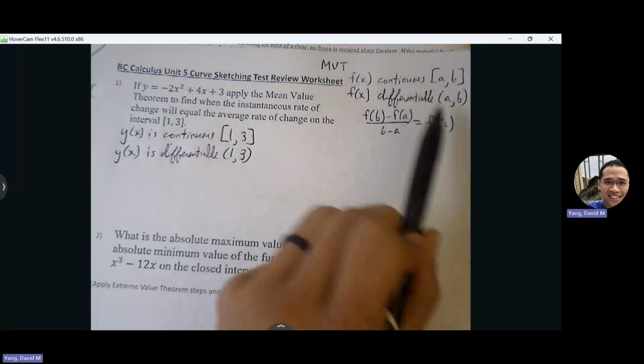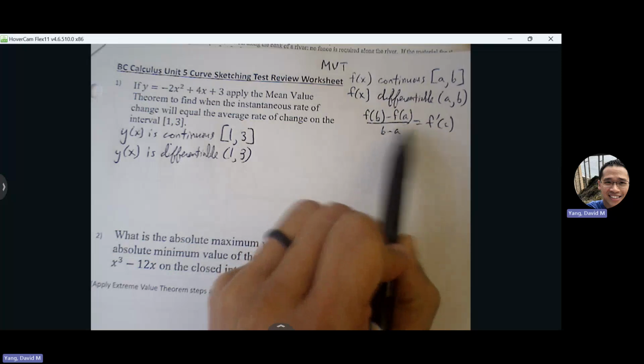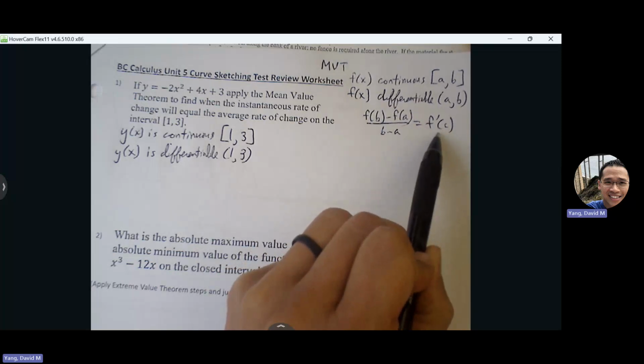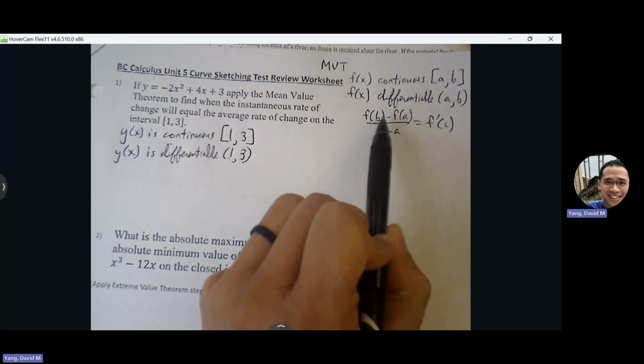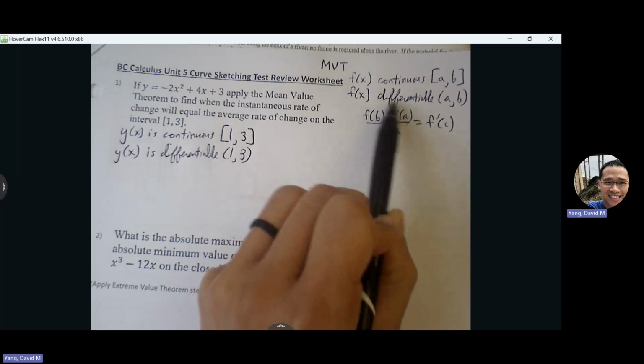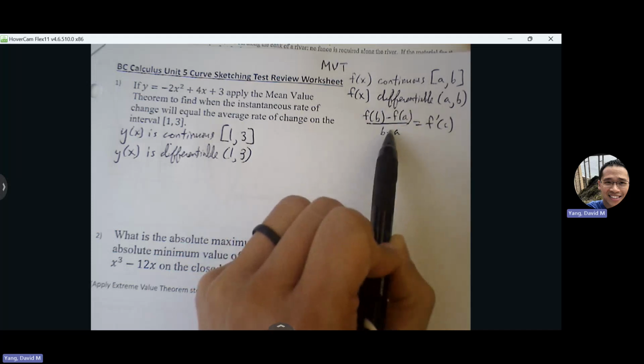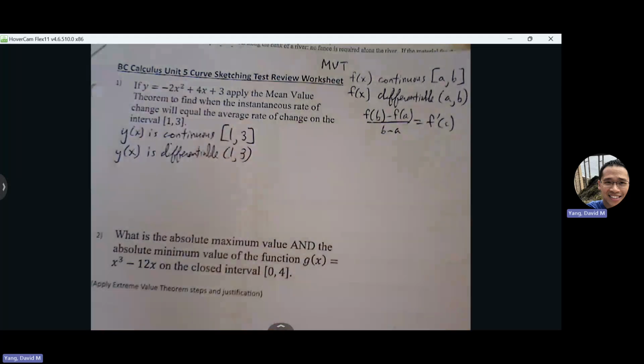I purposely wrote the formula this way so that we're forced to do the slope first before the derivative. If you find the derivative first, you may end up plugging values into the wrong function. So force yourself to find the ordered pairs and slope at the function level before you move into the derivative.